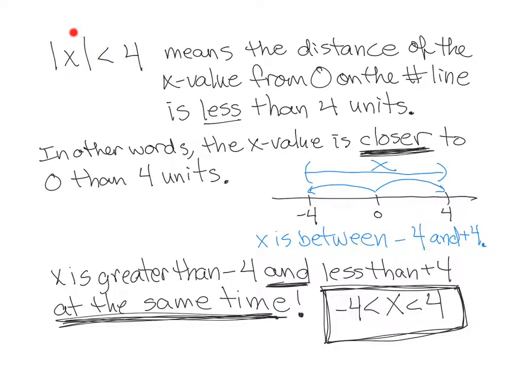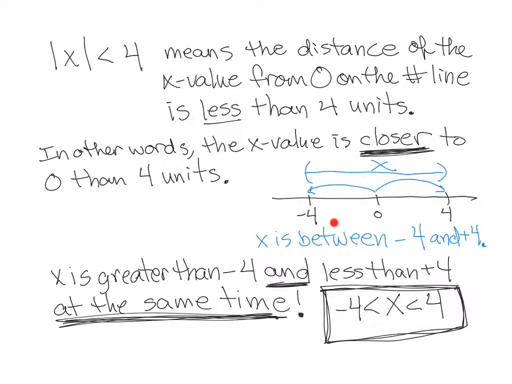So if your absolute value, or the distance from 0 on the number line where x lies, is less than 4 units, if a distance is smaller, that means we are closer to 0. We're less than 4 units away. So you find the 0, I can go backwards 4 and forward 4.